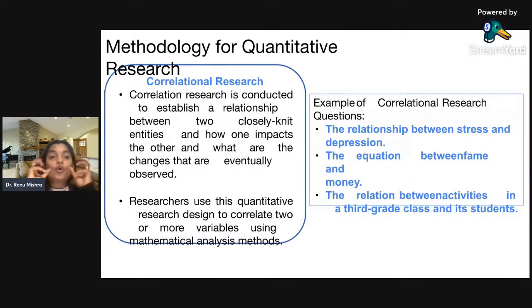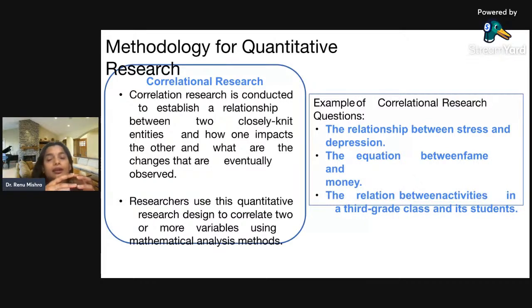So correlation, understand with the name itself, it is talking about the relation. Whether there is any relationship between the variables, and if so, what is the extent of that relationship? How one variable is influencing the other one?